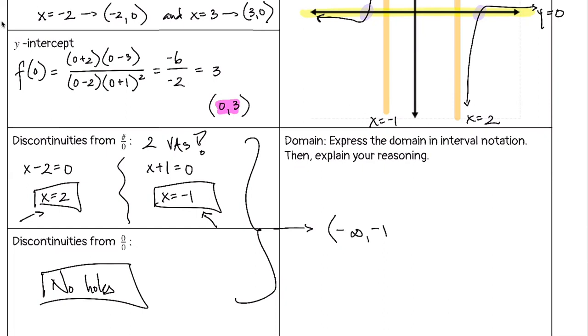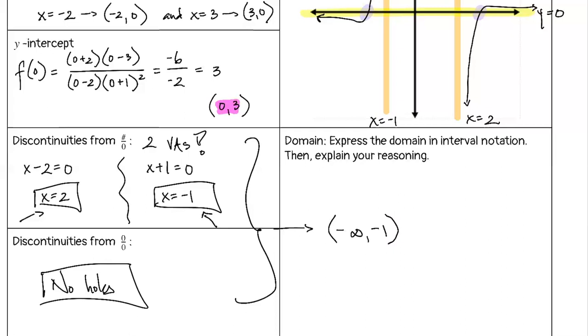Now, can x equal -1 according to this function? There's not a value there, so we have to seal it with a parenthesis.